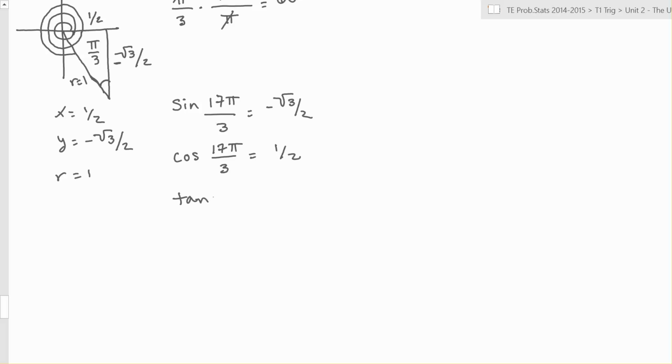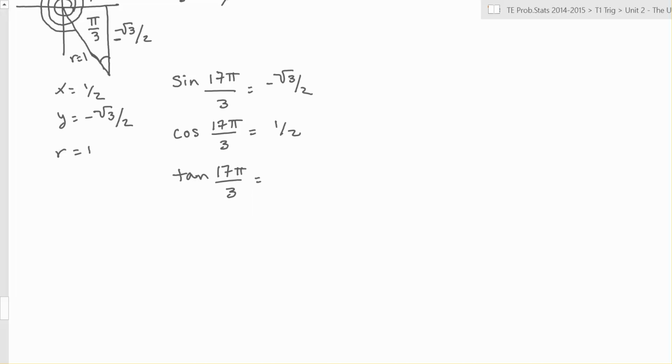Tangent of 17 pi over 3 is y over x, so negative root 3 over 2, all over 1/2. Invert the divisor and multiply. We're left with negative root 3.